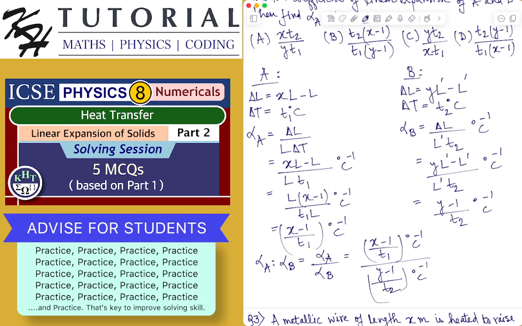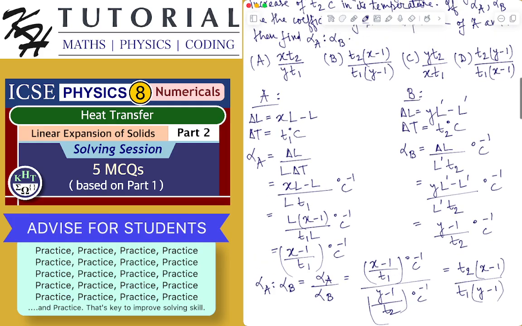Per degree Celsius cancels out from both the numerator and the denominator, and we have T2 multiplied by (x minus 1) divided by T1 multiplied by (y minus 1). This is the ratio of alpha A and alpha B. So the correct choice is B. B is the correct choice.